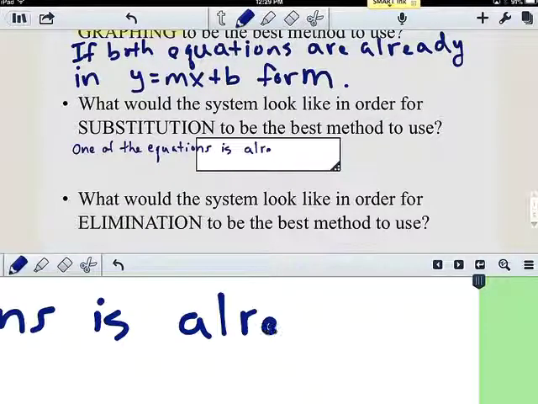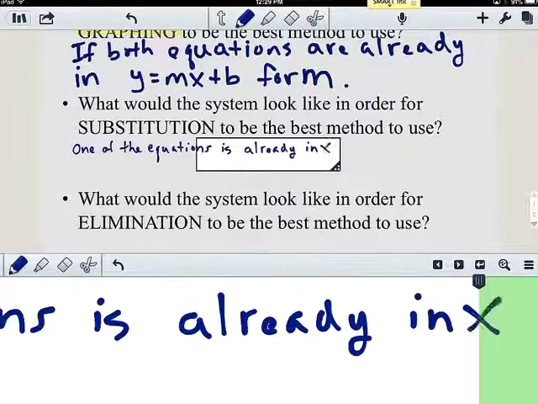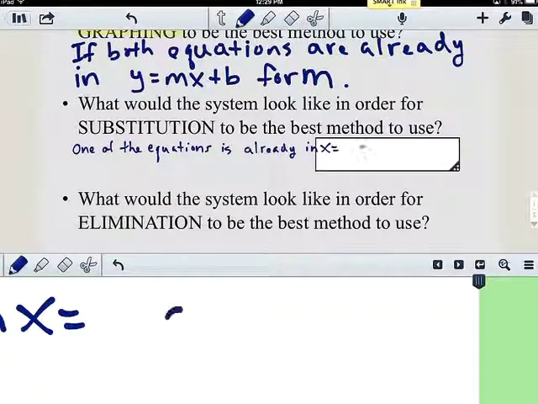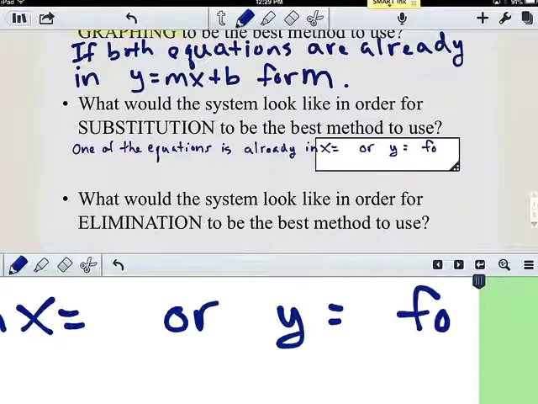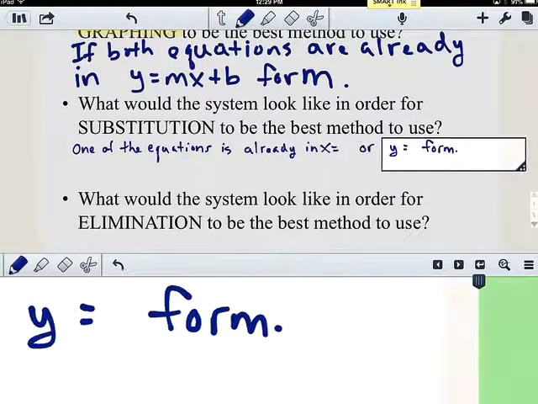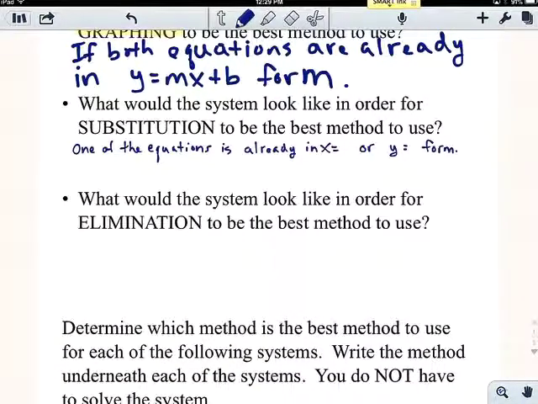One of the equations is already in x equals or y equals form. That's when we know we want to use substitution.